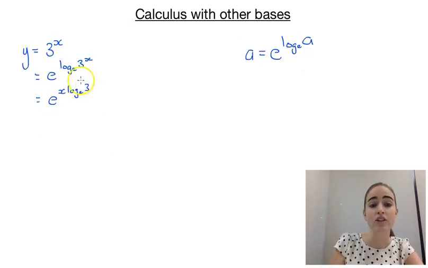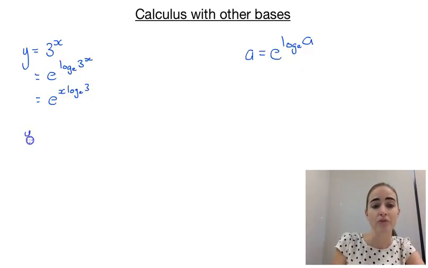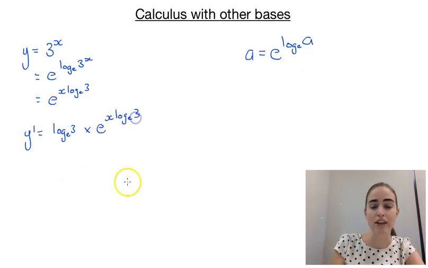Remembering again that log to the base e of 3 is just a constant, if we differentiate it, it will be the derivative of the power, which is log to the base e of 3, multiplied by the function itself, e to the power of x log to the base e of 3.